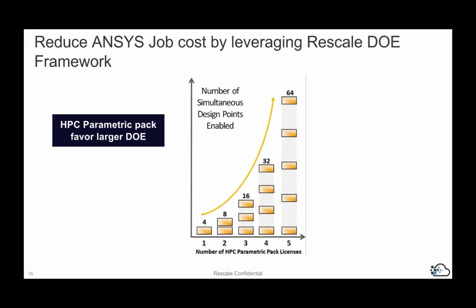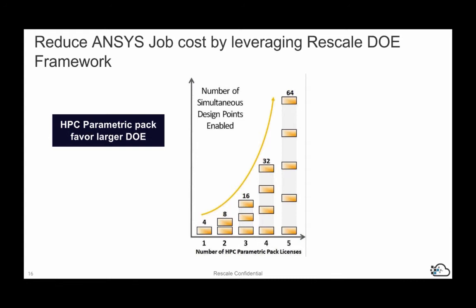So this is a great demo to show how we can scale a very large model on the cloud, but one of the benefits of the cloud is the ability to leverage the compute power to run a very large DOE. And again, ANSYS provides a special licensing system called HPC Parametric Pack that's going to allow you to take advantage of the cloud to run a larger DOE.